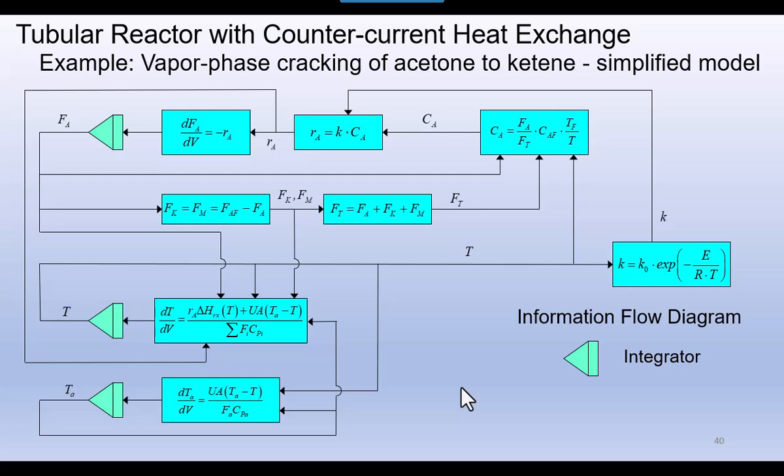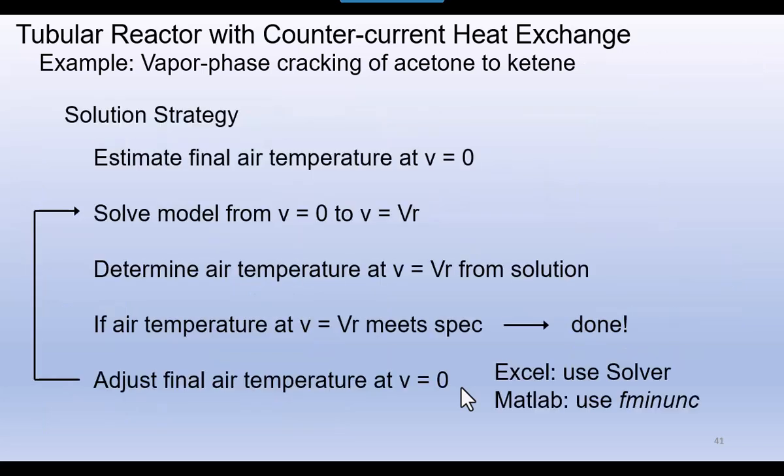So now we need to talk about a solution strategy here, because we have a countercurrent system, and you may remember the countercurrent tube-in-tube heat exchanger from our Bootcamp 2 example. And so we develop a solution strategy that looks like this. And that is, we estimate the final air temperature at our initial volume where the air exits.